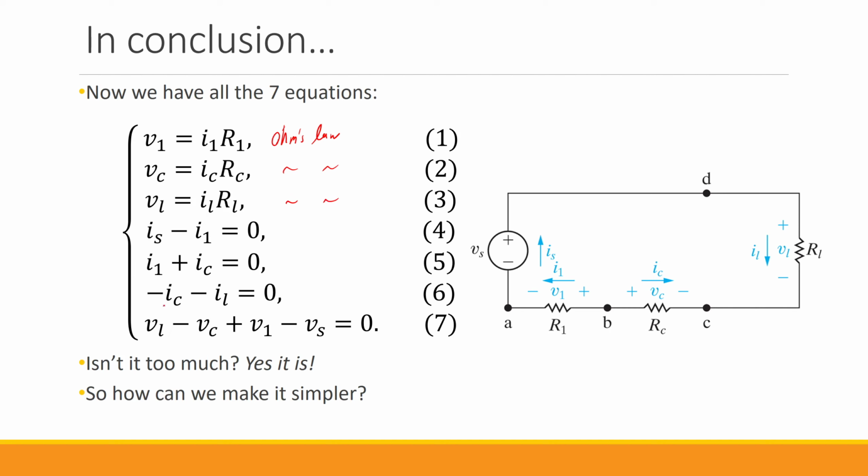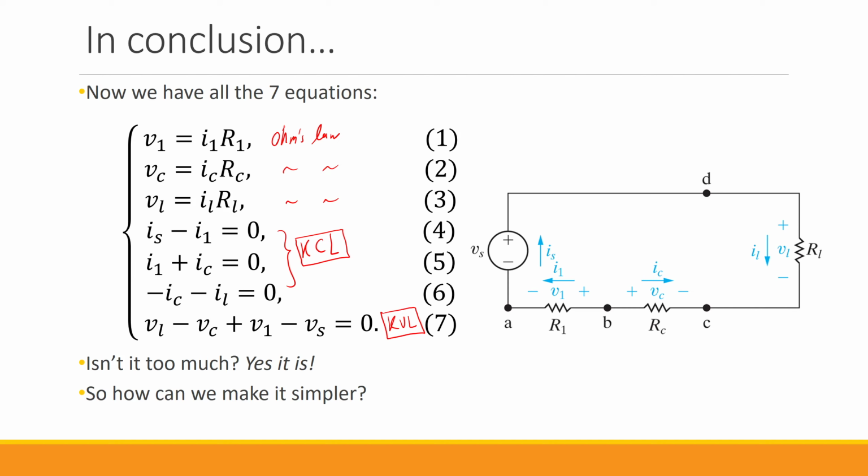What about the next three? We found those based on the Kirchhoff's current law, KCL, short for Kirchhoff's current law. Finally, for the last one, we use the KVL, or Kirchhoff's voltage law, to come up with the last equation.